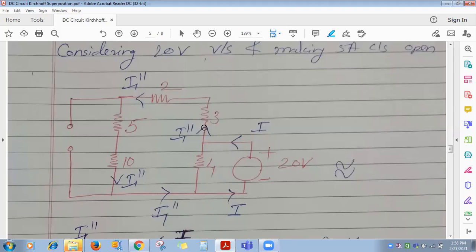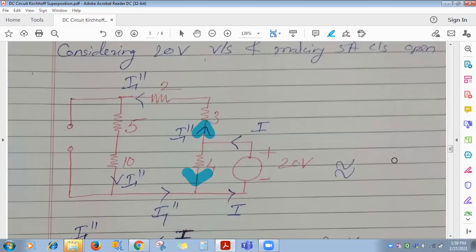So if I1 double dash is flowing like this, obviously through 4 ohm in the downward direction the current will be I minus I1 double dash. But while calculating, we want only the value of I1 double dash. So the current flowing through 4 ohm, there is no need to show, we don't want its value. Got it? Clear up to this?